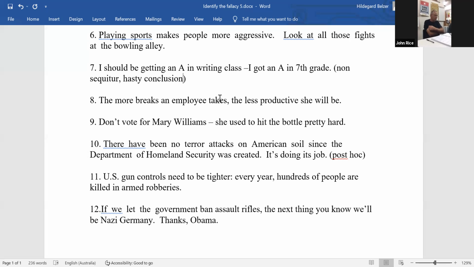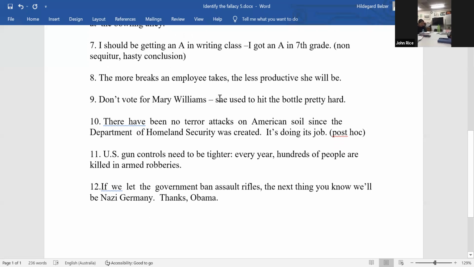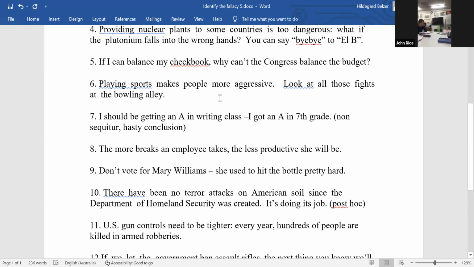Remember the one we had last week, which was a false analogy. Do you remember which one that was? Checkbook. Number 5, isn't it? If I can balance my checkbook, why can't the Congress balance the budget? Now, they're trying to draw an equivalence, a comparison, and say, oh, these two things are equivalent here.